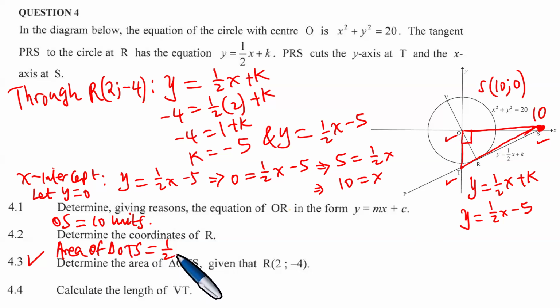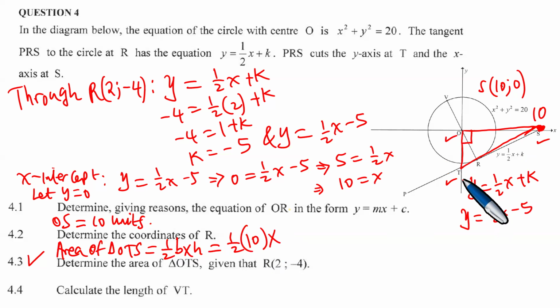The area of triangle OTS is half base times height. What is the base? We can take the base to be this one here, which is exactly 10, multiplied by the height. The height is going to be up to OT. Now, what are the coordinates of T?